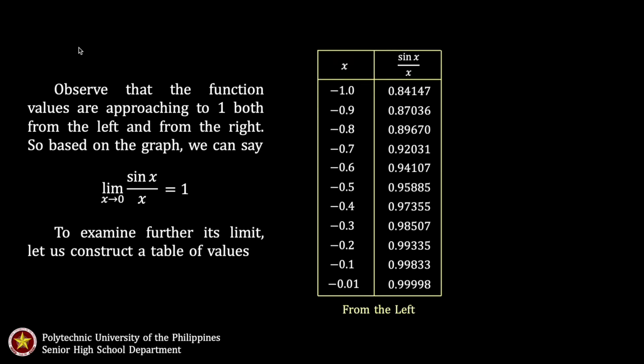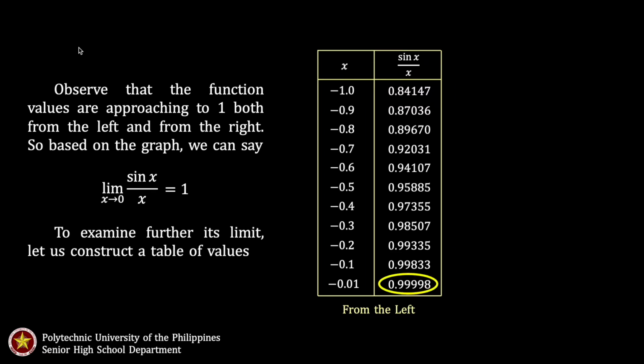And as we investigate further its limit in terms of table of values, let us construct this table of values from the left side of x equals to 0. Notice that as we move forward to 0, the y values approaching to positive 1.